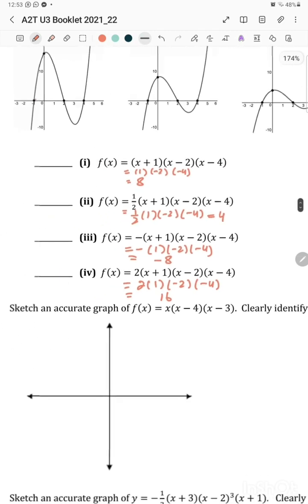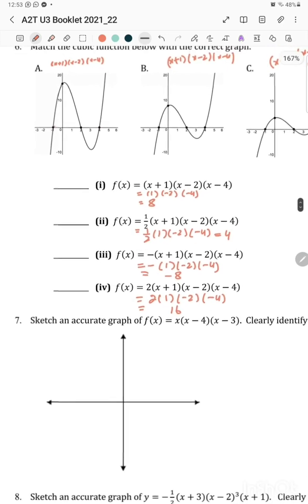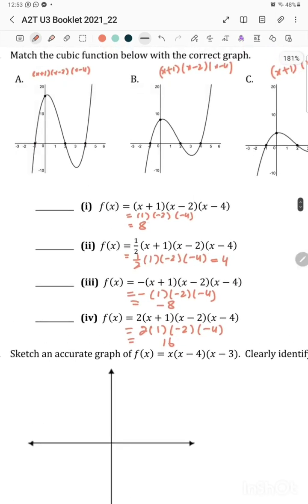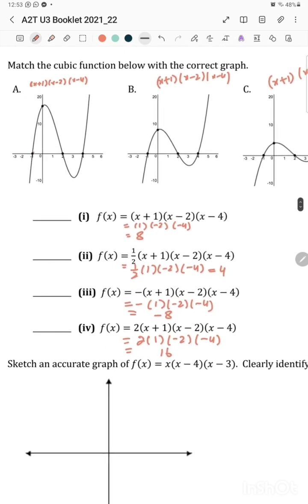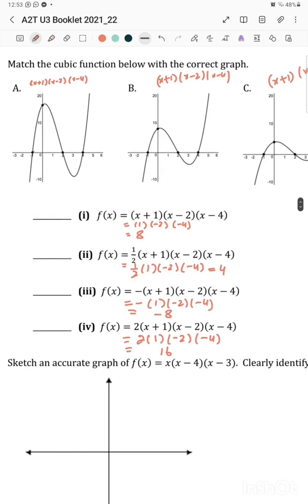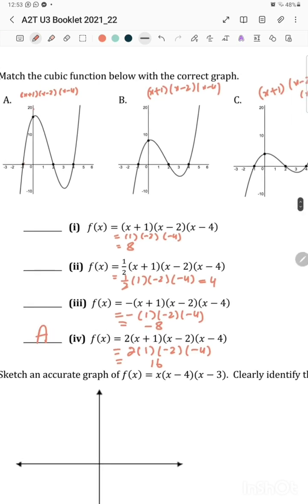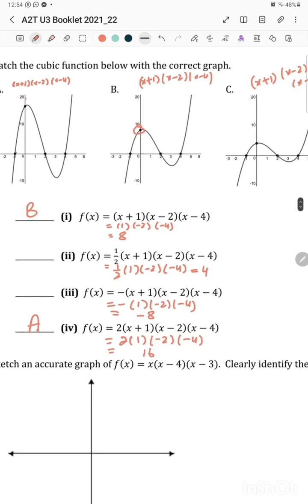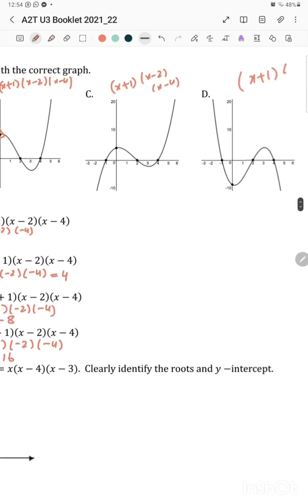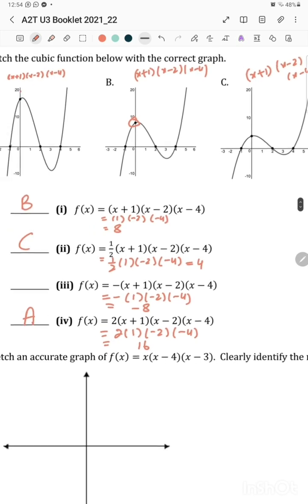So once we get the y-intercept, it's very easy to calculate, because the y value of 8... a is equal to 16 in figure A. Here it is 8, here it is 4 in C, and in D it is negative.